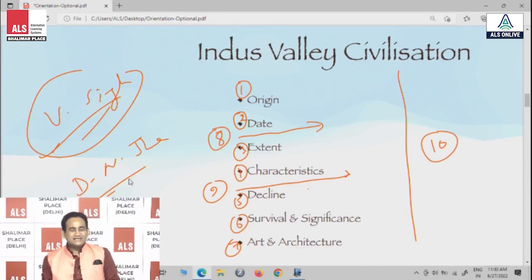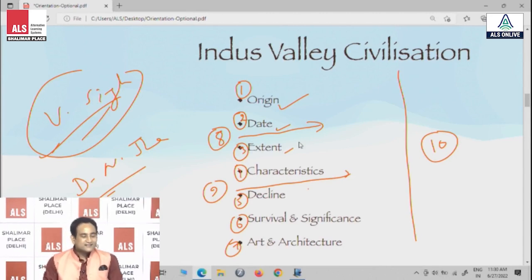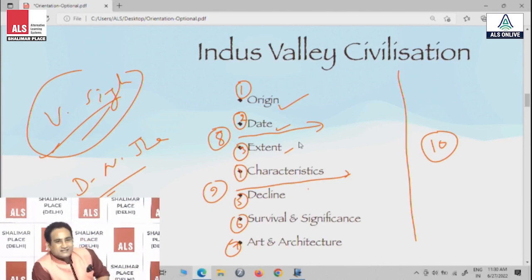I can go for one book and read it, but you will never understand what the syllabus is, what the demand is. And you will not believe it, just go and check the last 3-4 years' questions. They have asked questions only on these headings: origin, decline, characteristic, survival. They have asked questions only on these subtopics. I hope you are getting my point.